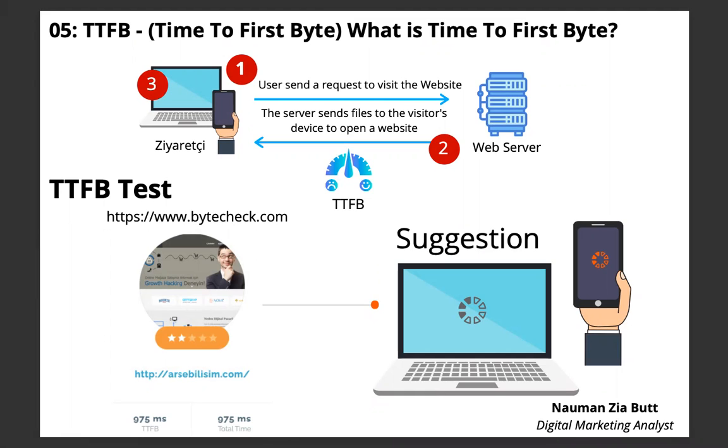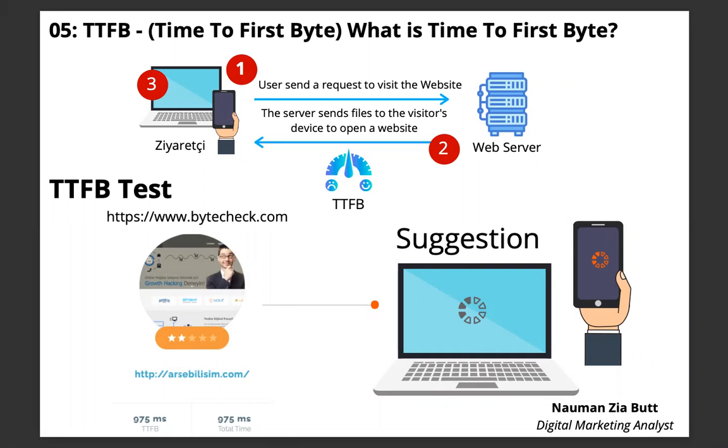First of all, a user sends a request to the server, and then the server sends the files in different parts. The first part comes with the first byte, and then it starts to render, and then it gives all the files back to your machine.